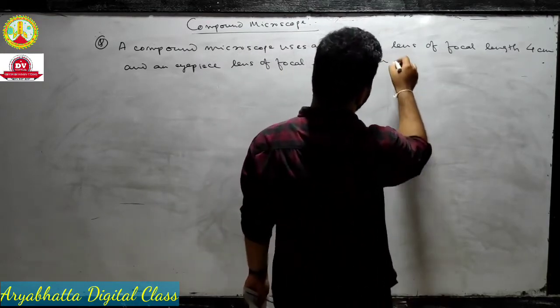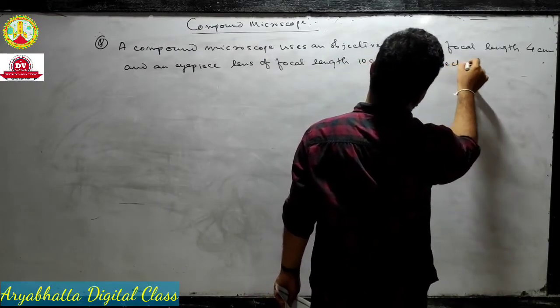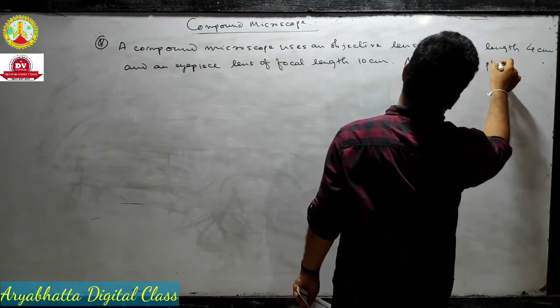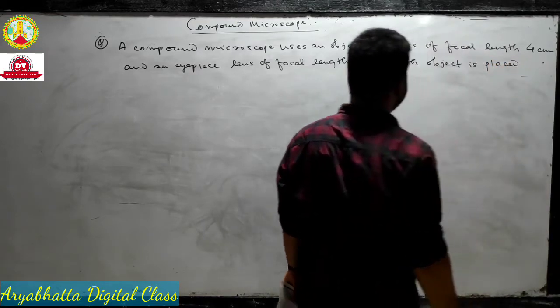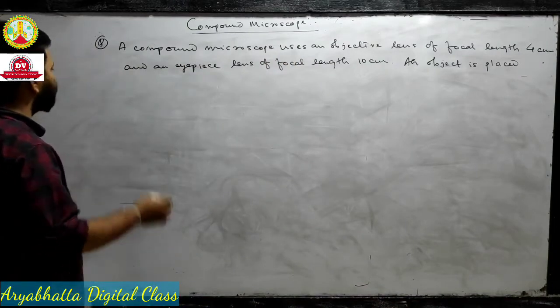An object is placed 6 centimeter from the objective lens.